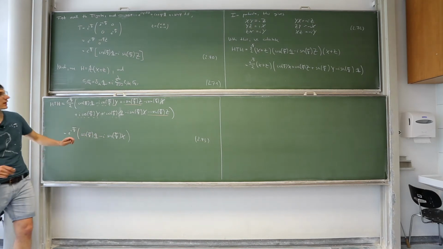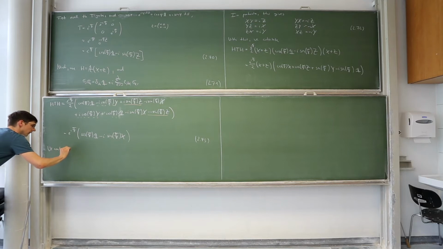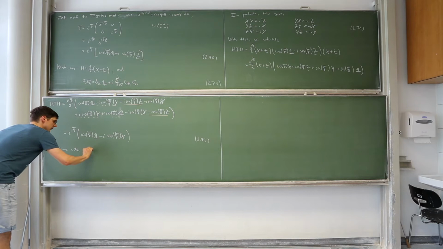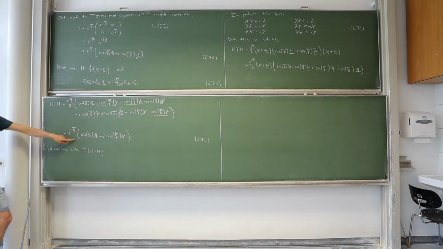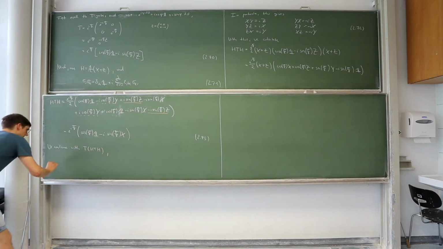But now what we want to calculate is, so we continue with T times HTH. So we multiply this from the left with T. So what was T?